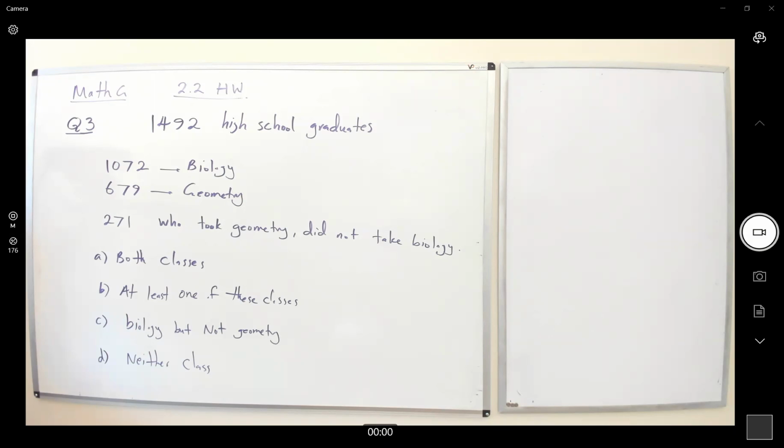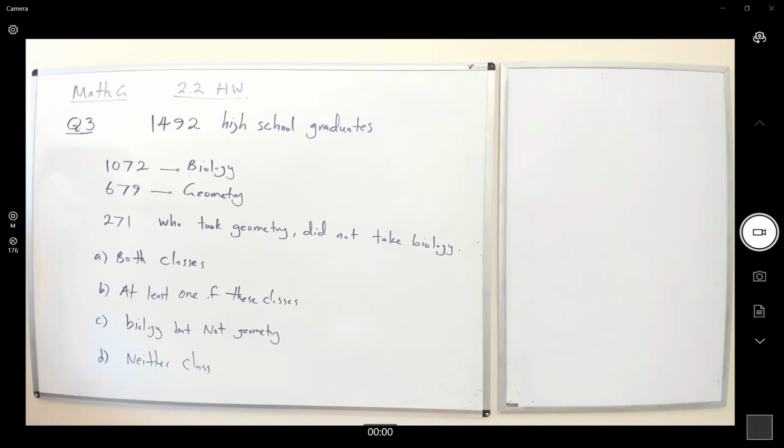It means that you're excluding set B. Geometry, not biology. So we are excluding this set and the cardinality is equal to 271. So this is 271. They only took geometry.